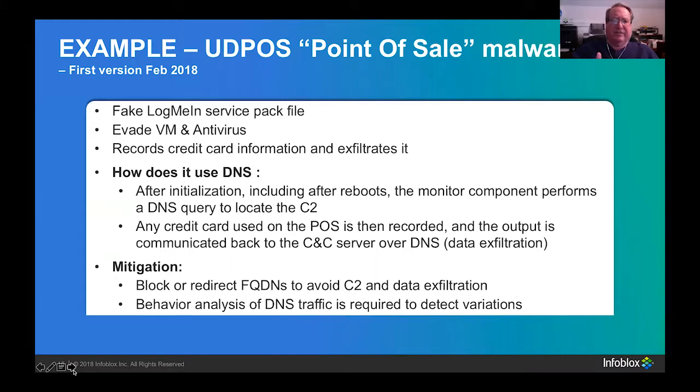A lot of people have seen this type of technique, and this latest one from February 2018 shows it using four point-of-sale machines to do command and control and exfiltration of information, in this case credit card info. So this is real. It's not being stopped by any particular mechanism in place, because it looks like real good quality DNS queries, not malformed to the point where it would be stopped.